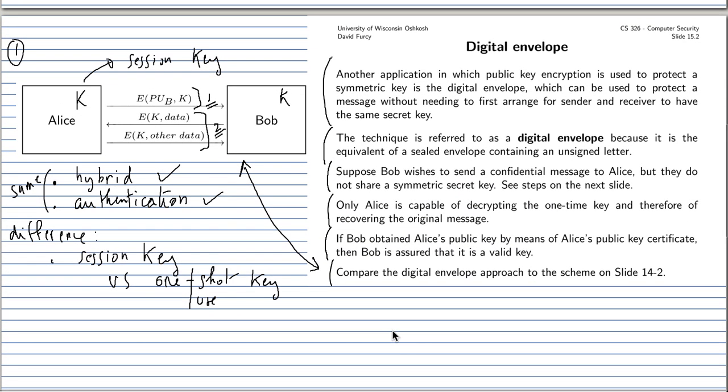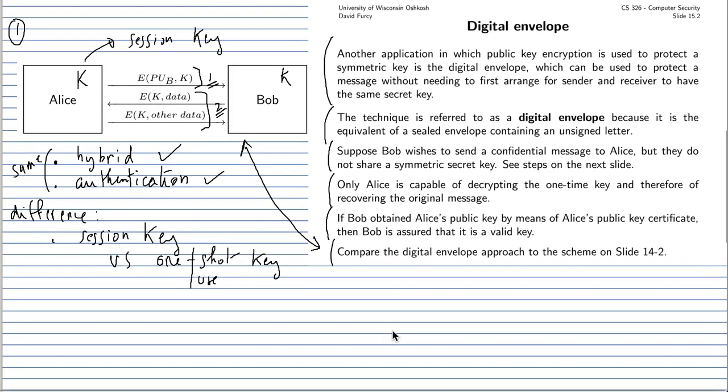So, to wrap up this discussion, I want to discuss this digital envelope mechanism with respect to another application that we briefly mentioned earlier, which is the digital signature. I want to make sure you do not confuse these two applications.